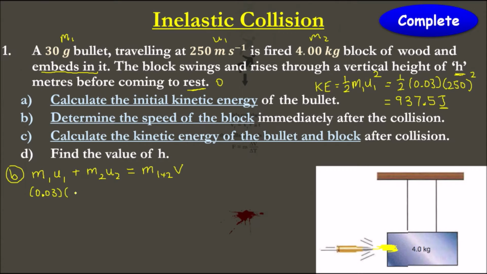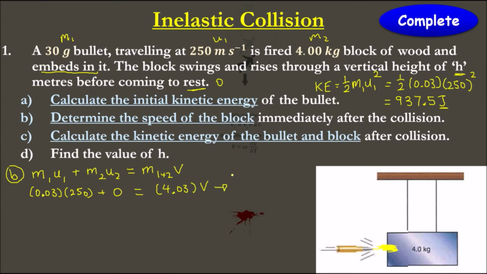So the mass we have, 0.03 with initial velocity of 250, plus 0 because our wooden block was originally not moving, okay, equals to our new mass 4.03 multiplied by v. That's what we want to find.